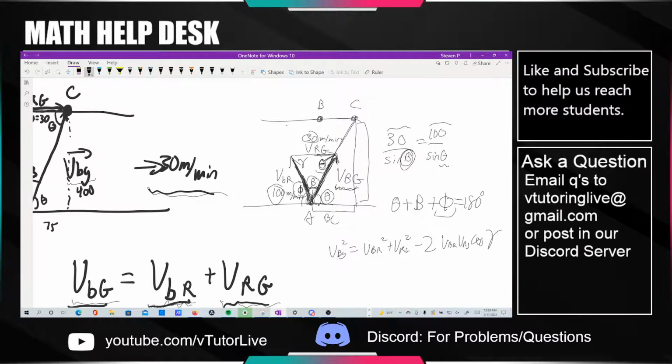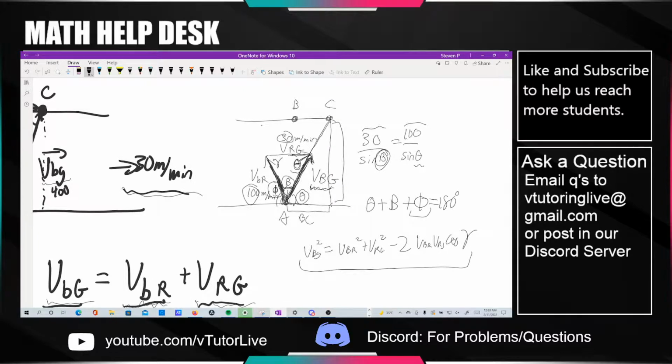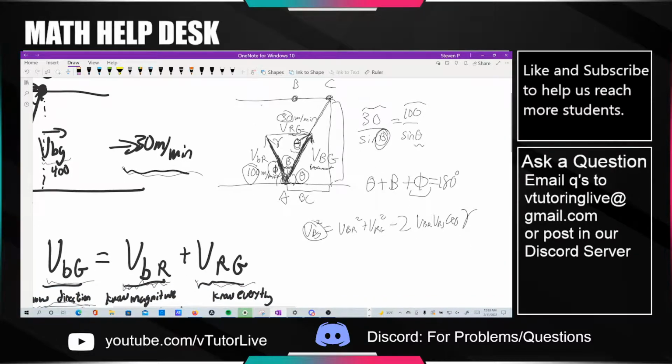Just look up whatever the law of cosines is in order to solve for VBG. At this point, you know all the angles of the triangle and you know 2 of its side lengths. You can definitely get the third one. It should be pretty easy at that point, right?